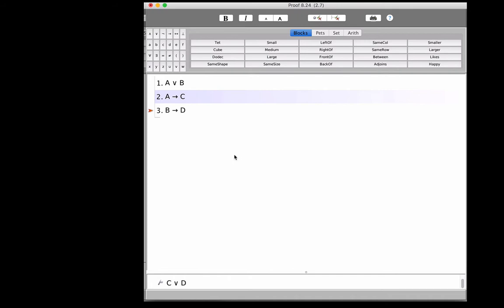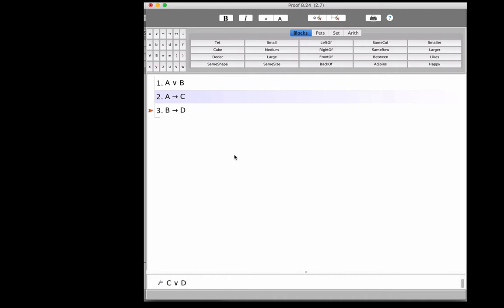Now, the rules that we learned for deriving the conclusion of a valid argument extend to the intro and elim rules for conditional and biconditional as well. So we have biconditional introduction, biconditional elimination, and conditional introduction and conditional elimination.